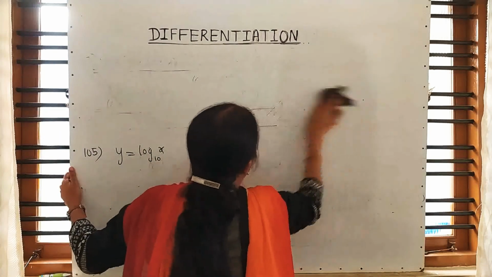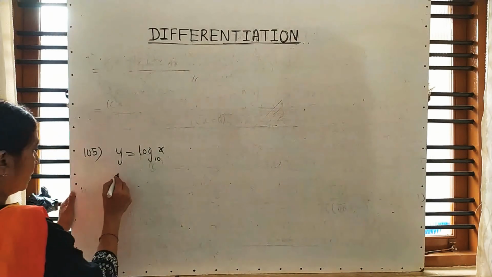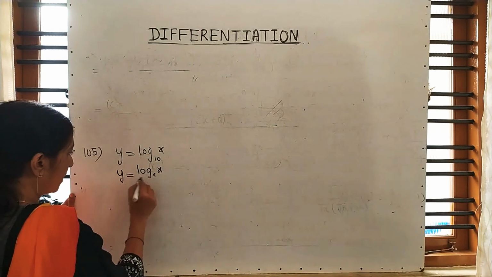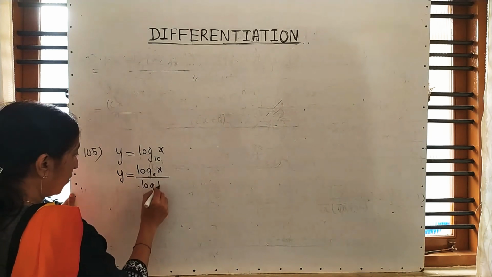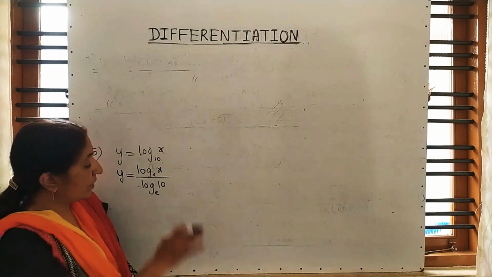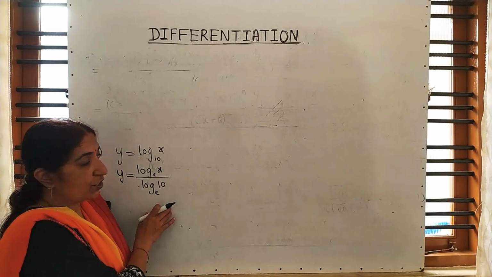Then go for differentiation. See, y is equal to log x to the base e upon log 10 to the base e. Students, after writing this, you can go for u by v, quotient rule.